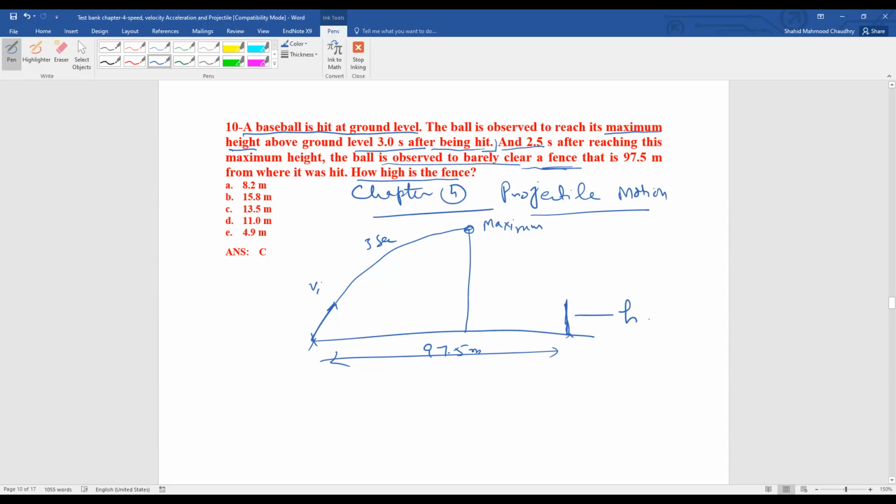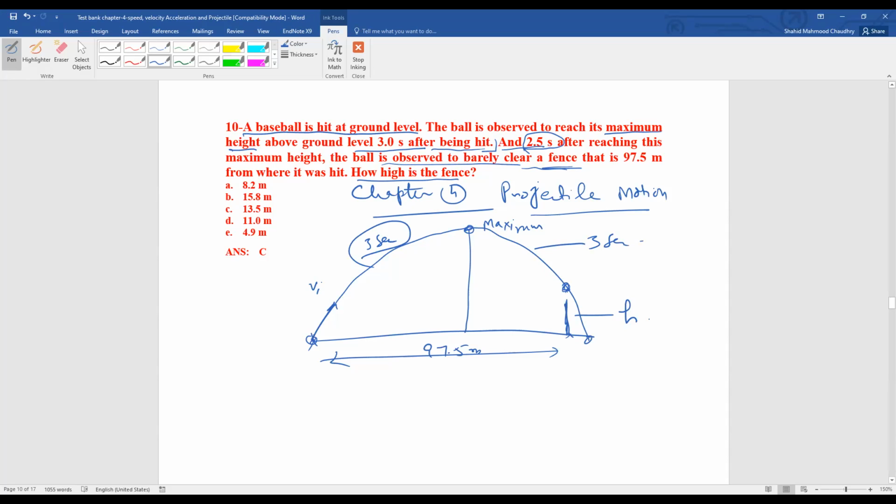Surely the ball comes from here, goes up to the maximum height, then comes down like this. If it takes 3 seconds to go up, then it will take 3 seconds to come down, because this is the time of flight. But he is saying after 2.5 seconds, so the 2.5 seconds is around here.